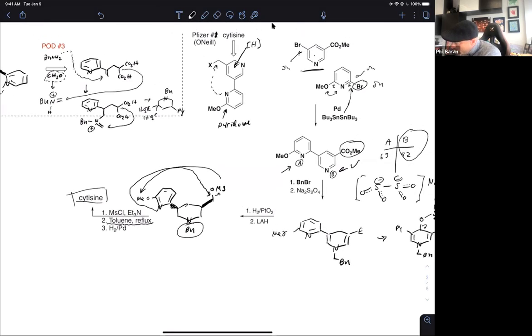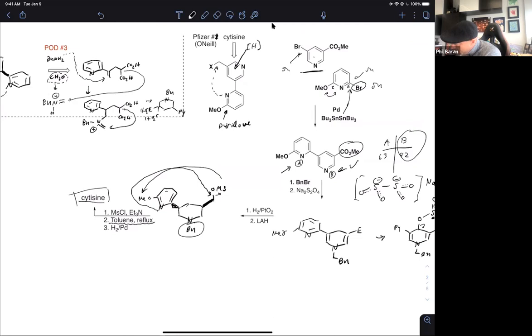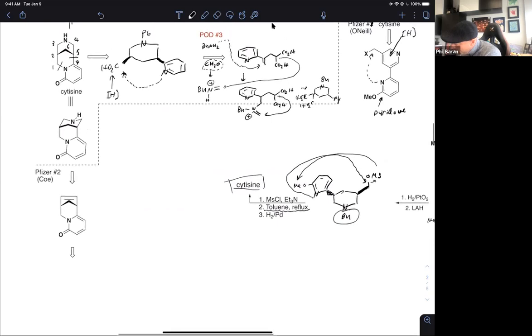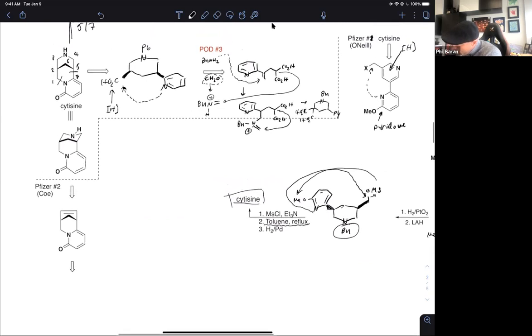That was team one's approach to cytisine. And in the back-to-back Org. Lett. papers that Pfizer reported several years ago, we see team two's approach, which is to take a look, this was Jotham's approach, at this top part of the molecule, this pyridine, as nothing more than an ozonolysis and reductive amination hiding.